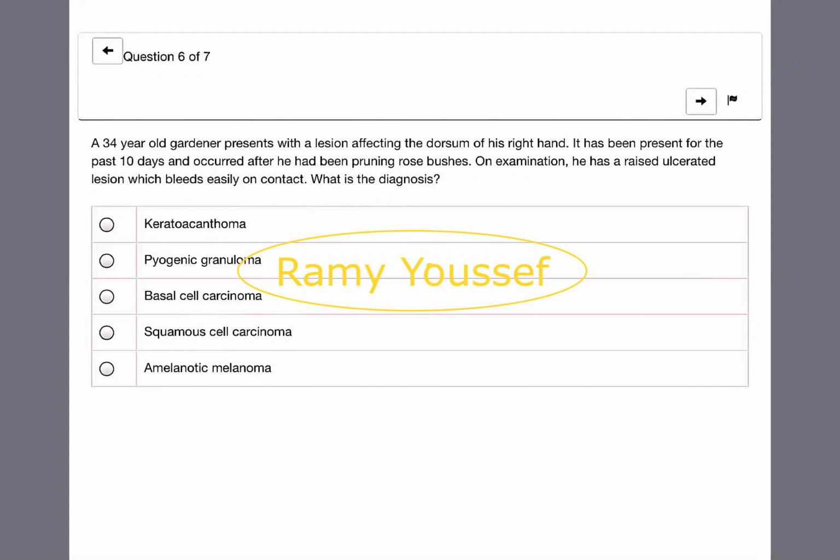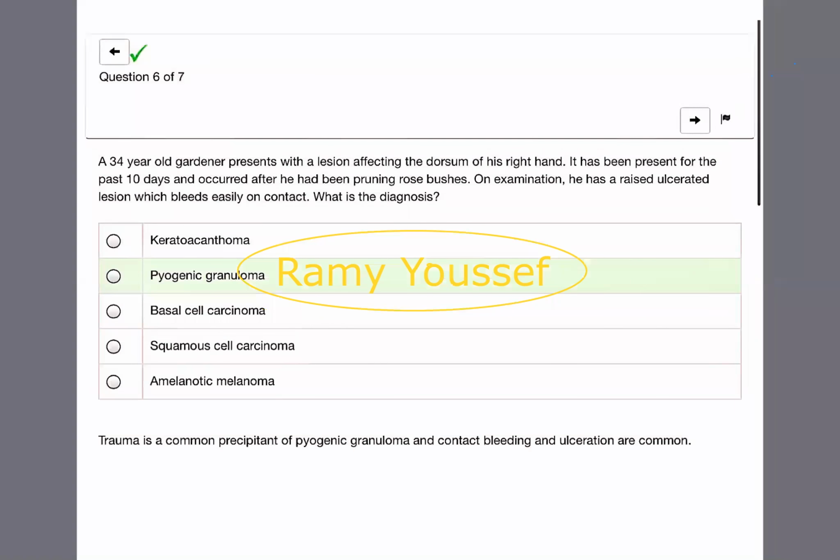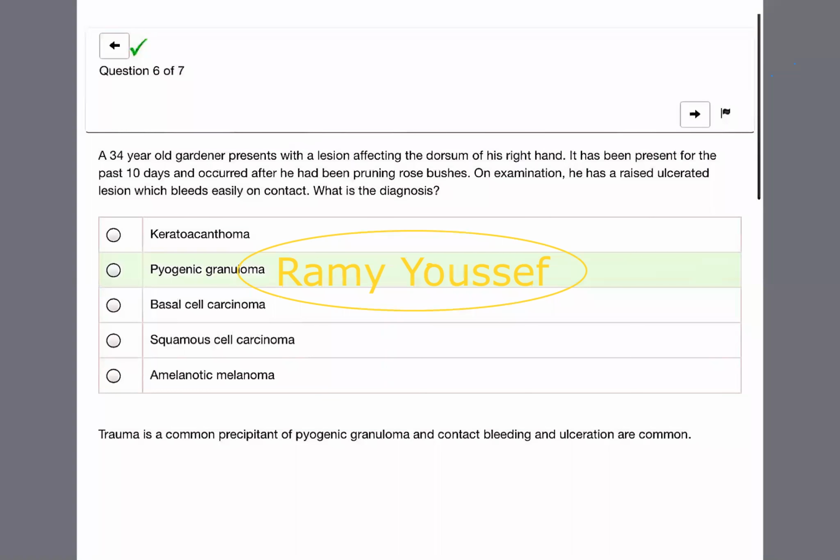He wants to confirm that anyone should not go for adenocarcinoma or squamous cell carcinoma, but should go for infected pyogenic granuloma. I think you will never forget it again. Hopefully not. Keyword: trauma, yes, exactly.